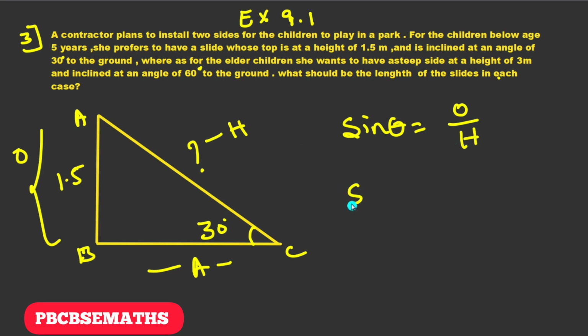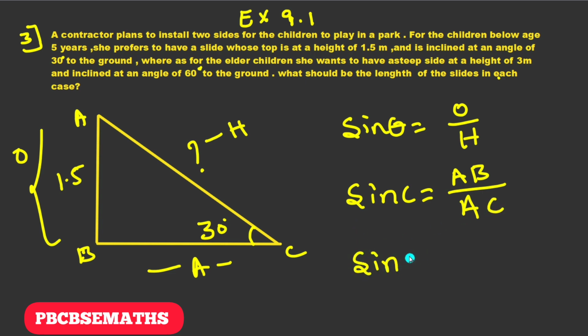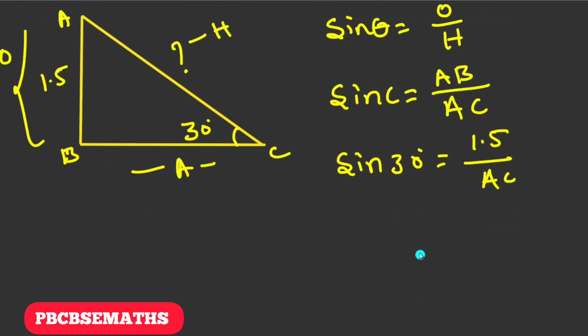So I'm going to write sine C is equal to opposite side AB divided by hypotenuse AC. The value of C is 30 degrees. So sine 30 degree is equal to the value of AB, 1.5, divided by AC, the length we need to find. So let's keep it as it is.